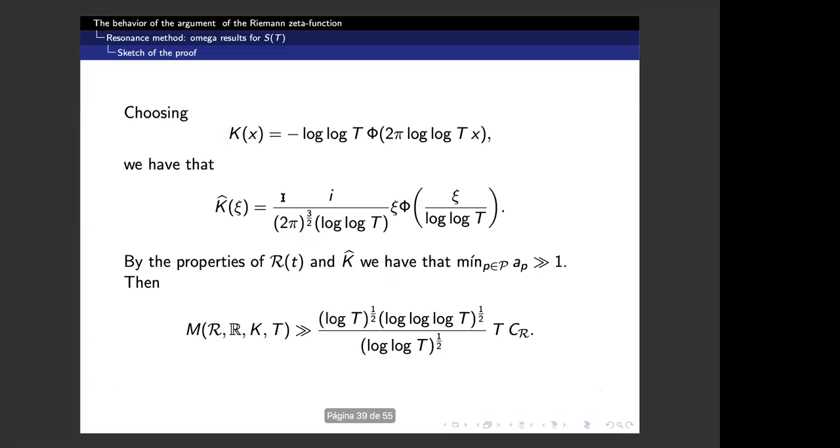For this reason, Bondarenko and Seip, using this kernel, use K(x) in this form, minus log t, the Gaussian evaluated in this point. This is the kernel that Bondarenko and Seip used. You obtain this number i, this constant, log t, this chi, and the Gaussian function evaluated in this point.